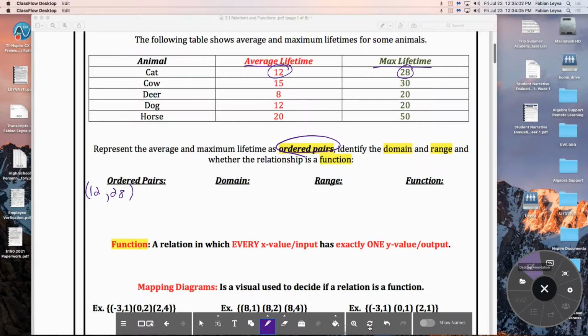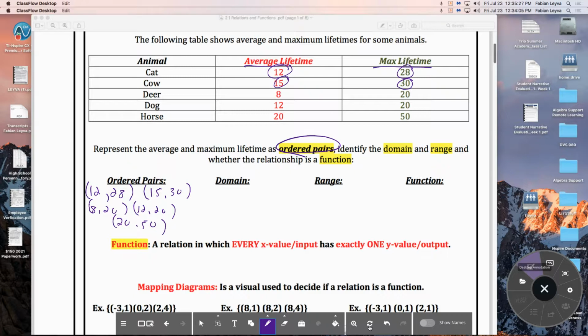Don't forget to put your parentheses. Don't forget to list your x first. Notice that this is the first ordered pair. I'm going to go ahead and write all the ordered pairs with the numbers that are in relationship with the numbers across from it. So here's 15 and 30. Next one is 8 and 20. 12 and 20. And finally, 20 and 50.